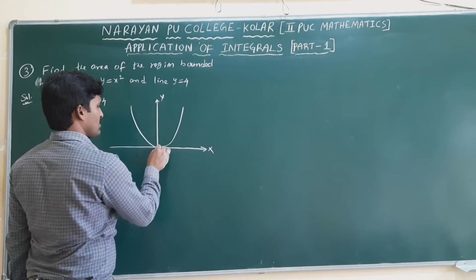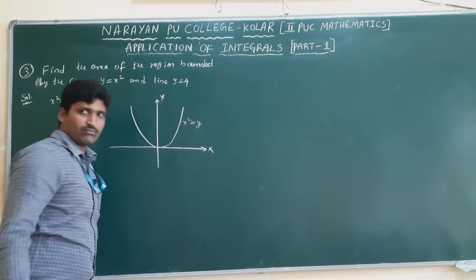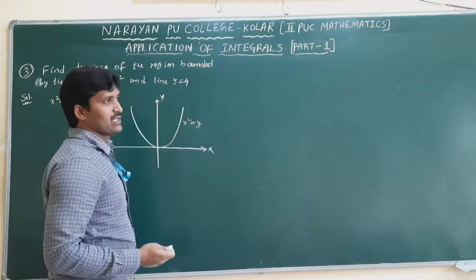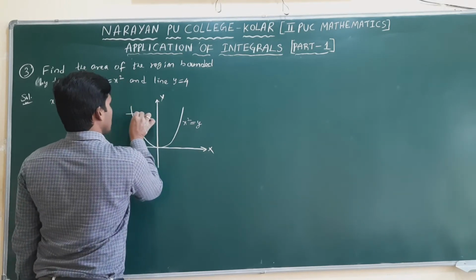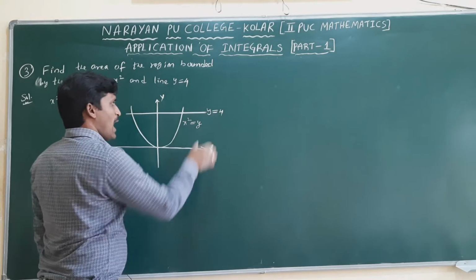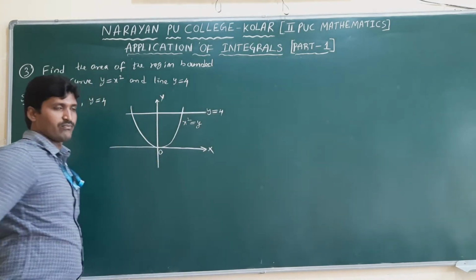This is the x square equal to y curve. Y equal to 4 is a line that cuts the y axis and is parallel to the x axis. This is y equal to 4. Upper limit is 4, up to this only, and the lower limit is 0.